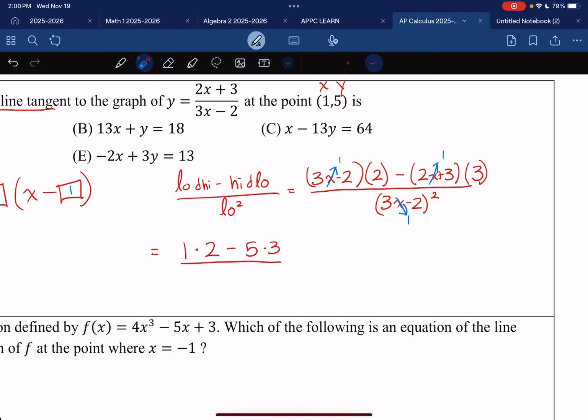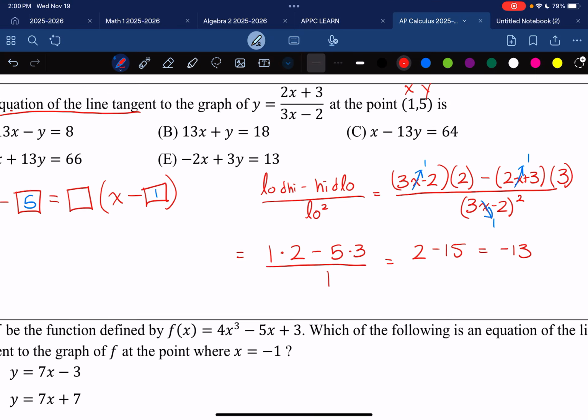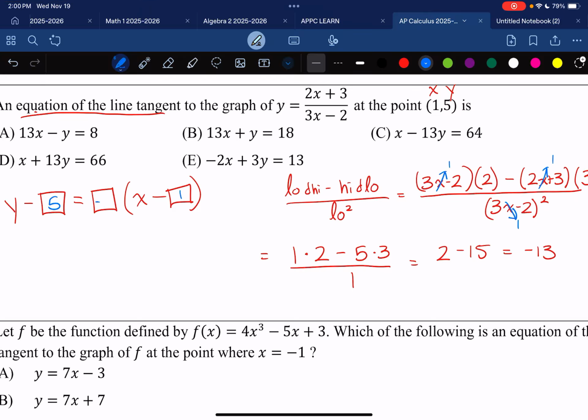The denominator is going to be 3 times 1, which is 3, 3 minus 2 is 1, and 1 to the power of 2 is 1. Simplifying yet again, 1 times 2 is 2, 5 times 3 is 15, and 2 minus 15 is negative 13. And that means I can plug in my slope over here of negative 13.